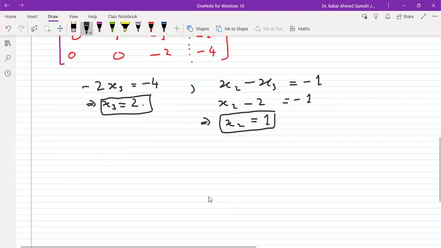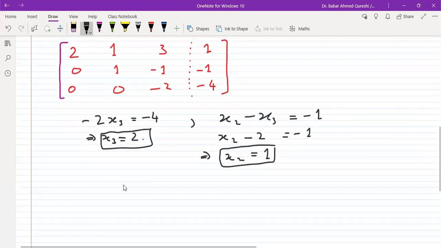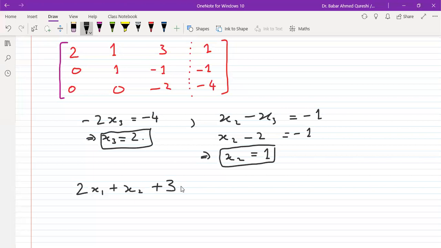Now I put this back into the remaining equation, reading off from here in this matrix. So the equation is 2x1 plus x2 plus 3x3 is equal to 1.